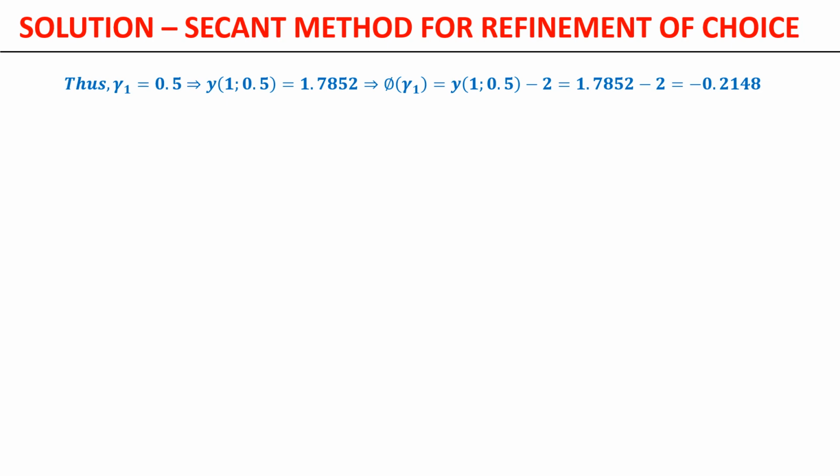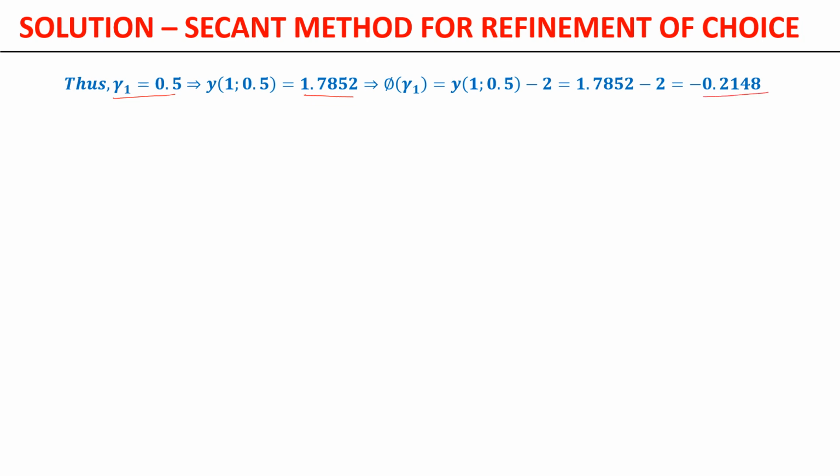As we saw that gamma 1 and gamma 2 did not yield answers, we now need to proceed to the secant algorithm. So let's quickly revise what we did in the previous two slides. We took gamma 1 as 0.5, so the solution that we got was 1.7852. Phi of gamma 1, which is the difference of y of 1 minus 2, gave me this value.